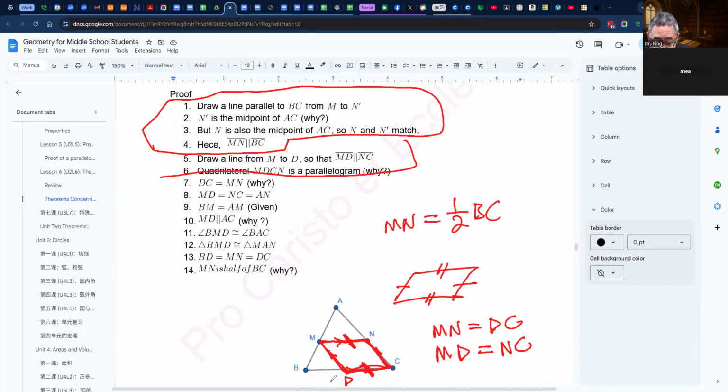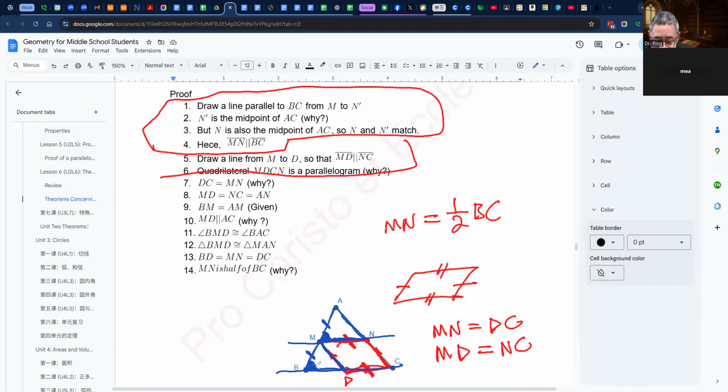Now we're looking at these two triangles we got here. One is the top one, AMN. Another one is the bottom one, MBD. We know this side is congruent to this side, and this angle is congruent to this angle, because we got the parallel lines, this parallel line and this parallel line.